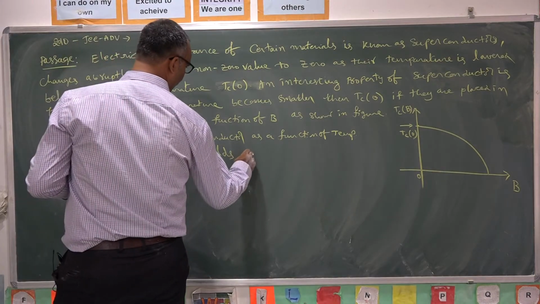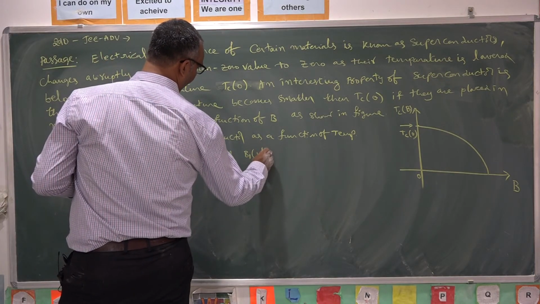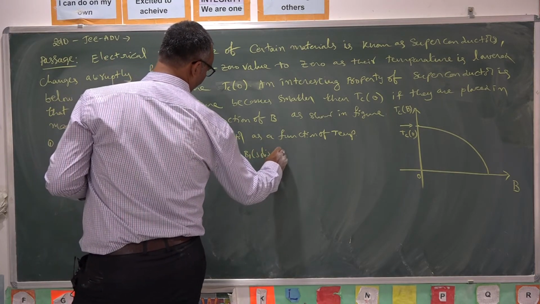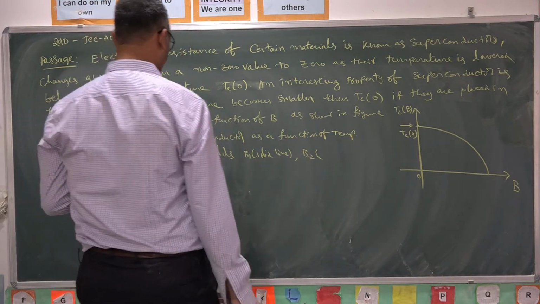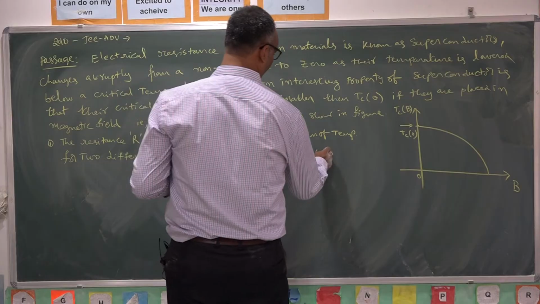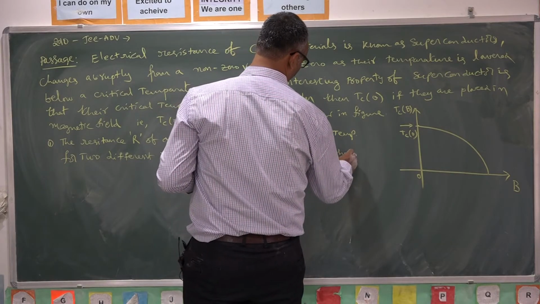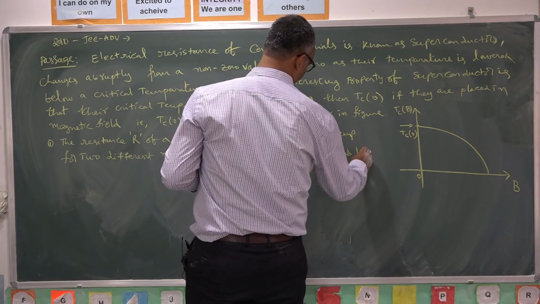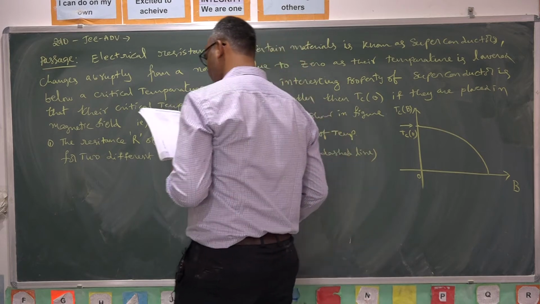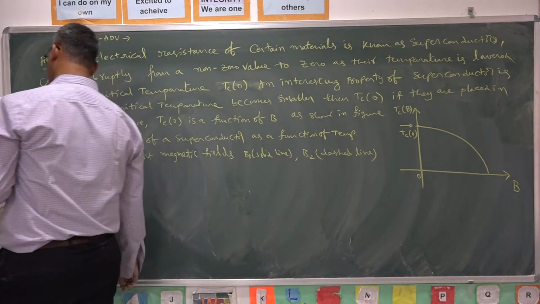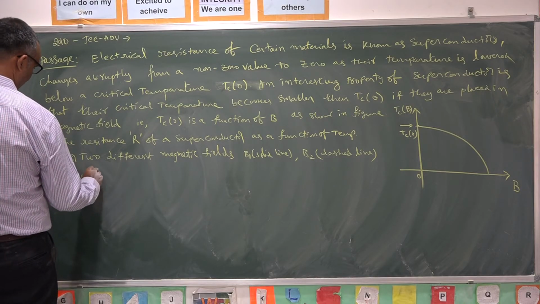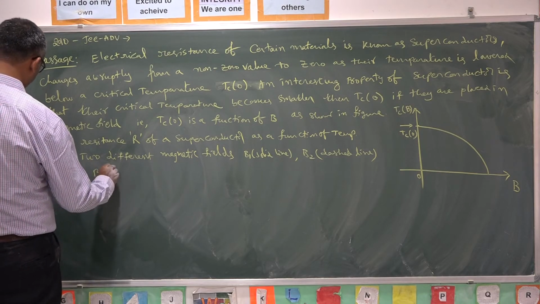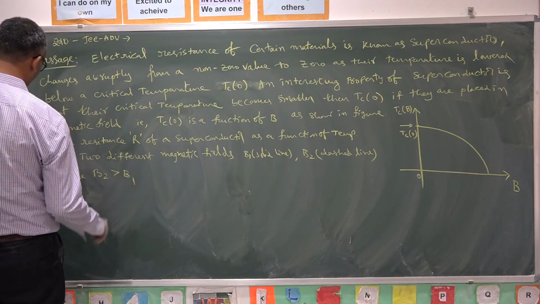B1 solid line, comma B2 dashed line. Here B2 is greater than B1.